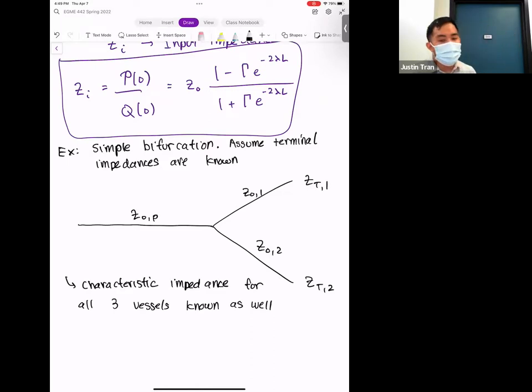And since this is the parent vessel, we'll call it Z0P, okay? All right. And so we know the terminal impedances, we know the characteristic impedances, right? And then remember the characteristic impedances, those are usually based on the physical properties of that vessel. So based on its size, based on its material properties, based on the viscosity of the flow in there as well. And so those are usually not too hard. As long as you can measure the vessels and know how big they are, the characteristic impedances are not that hard to obtain.